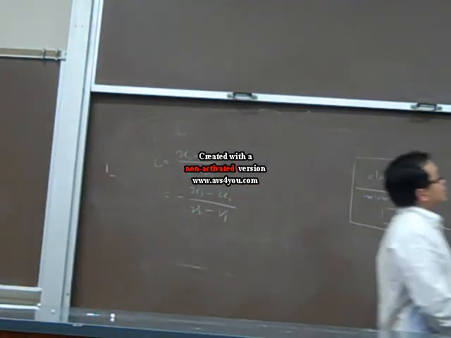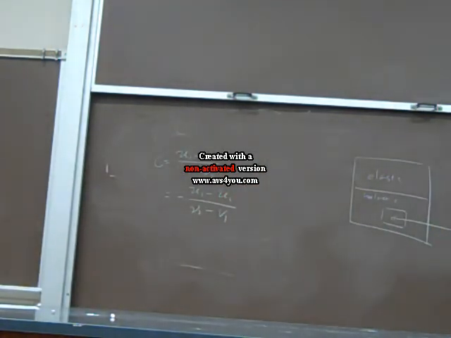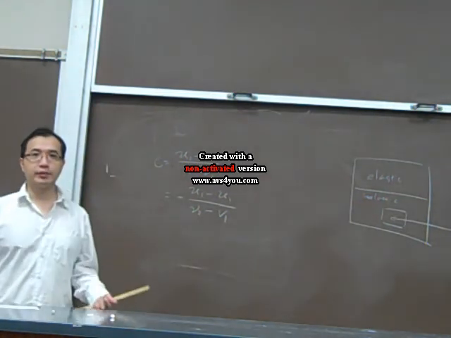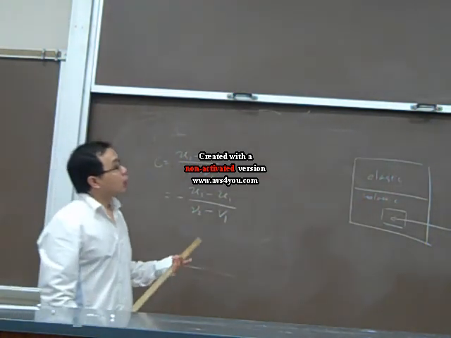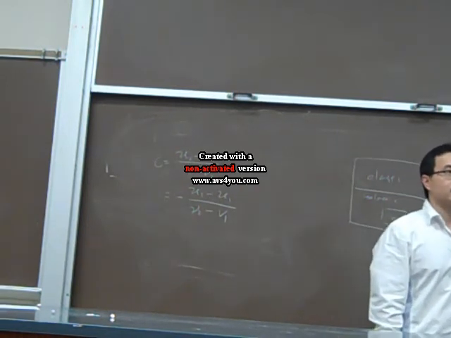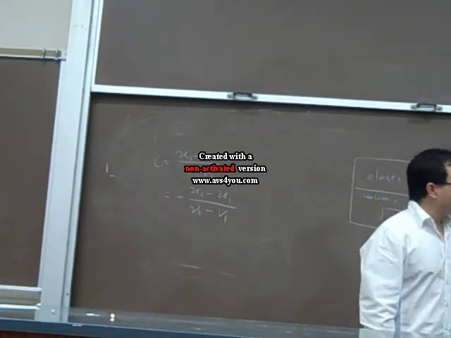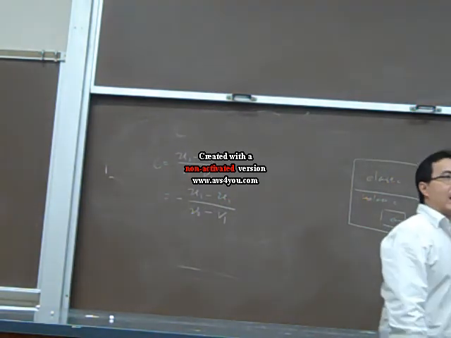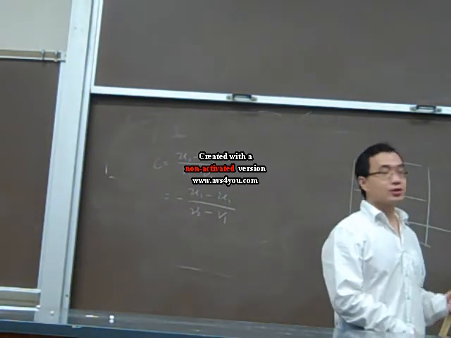What happens is, if you use this for the elastic collision, C will be 1. So when the coefficient of restitution equals 1, you don't have energy loss. It's elastic collision. For completely inelastic collision, this coefficient equals 0. You have the largest energy loss.